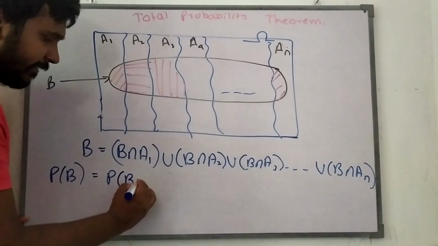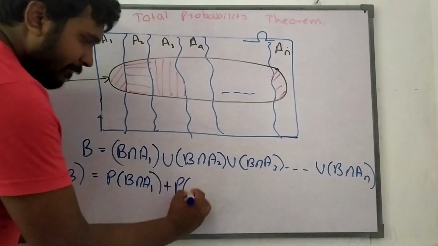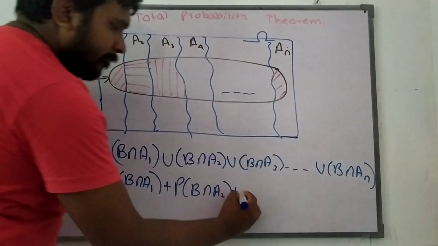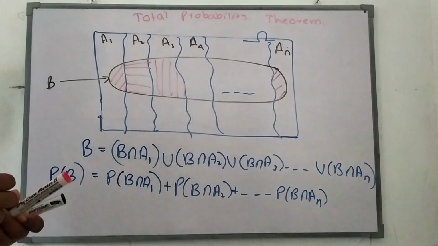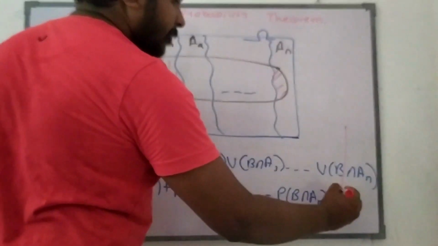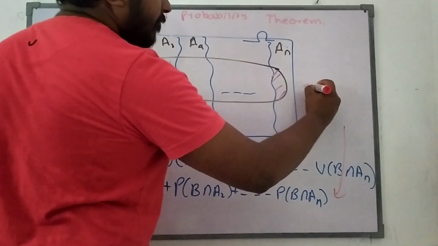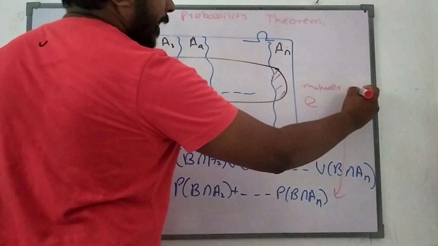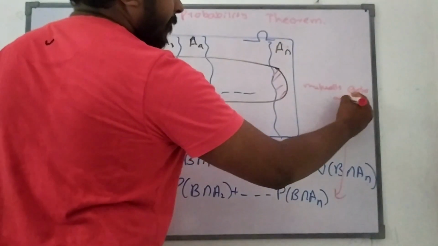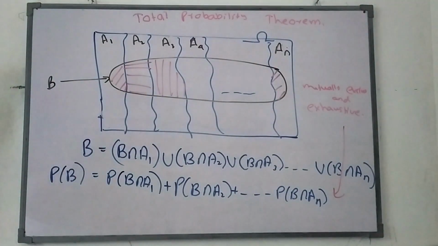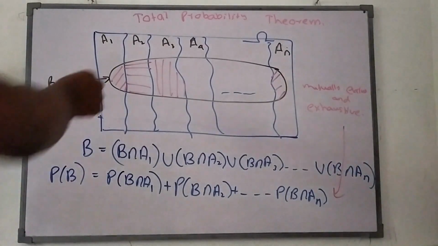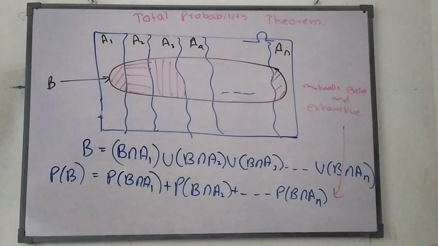Therefore, you can write it like the probability of A1 intersection B plus A2 intersection B, up to AN intersection B. The reason is they are mutually exclusive and exhaustive, which doesn't have any intersections, so those are all added.